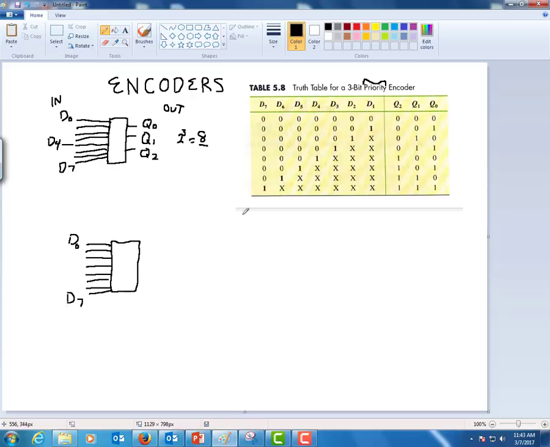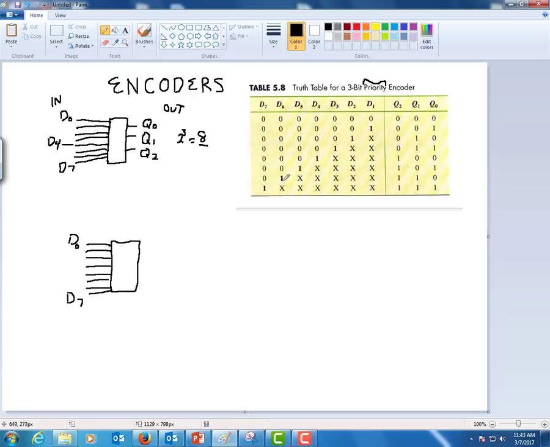Well, the answer to that question is it would output the highest value, which would be D7. So it would output a 1, 1, 1. And the reason why these X's are here is because those signify that the value could be a 0 or could be a 1. It doesn't really matter. If the highest value here is a 1, it's going to output 7.